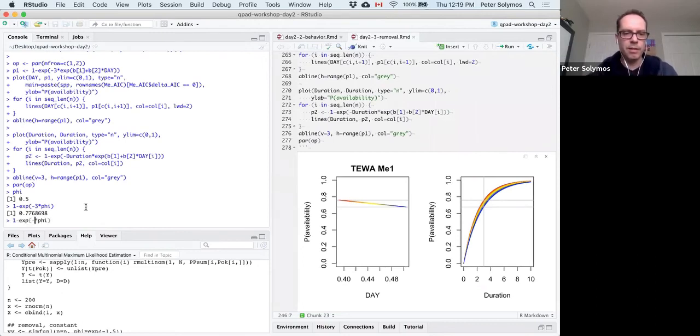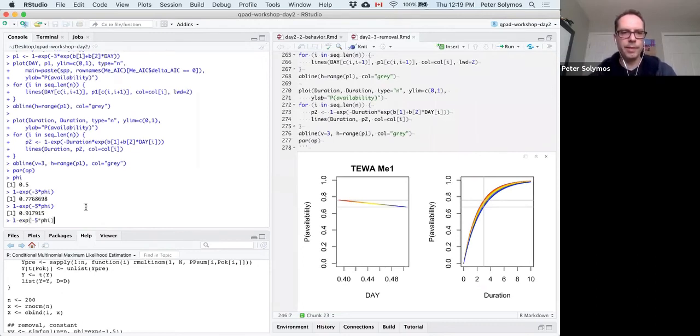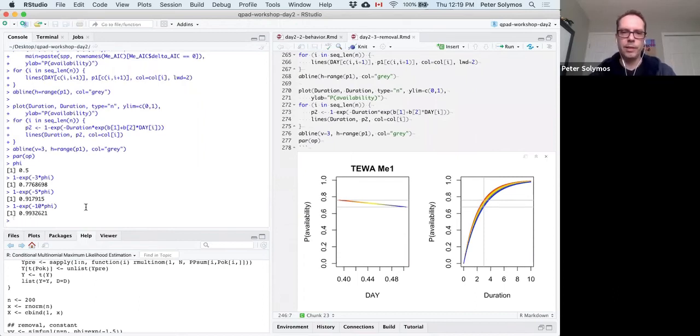If I say 5 minutes, that's 0.91. If I say 10 minutes, that's very close to 1. So this is how, under a value of phi, you have the cumulative density function that you can use to calculate probability of availability, which was P in our QPAD notation, if you recall.